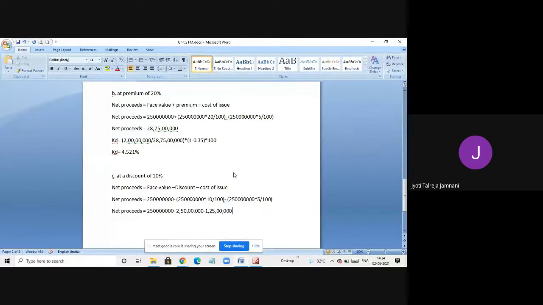So that means totally we have to minus 3 crores 75 lakhs from 25 crores. You get 21 crore 25 lakhs.